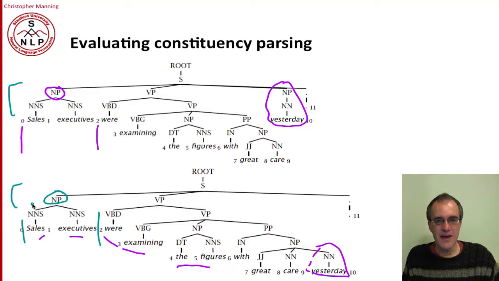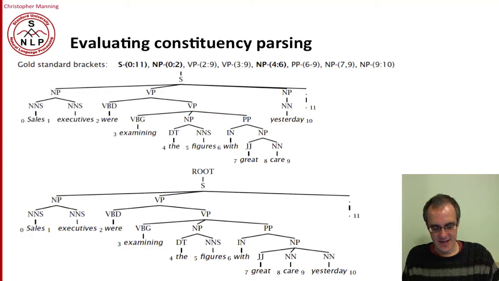And so the way we do that for all the cases is we convert the gold tree into a set of constituency claims, where we leave out the root node, so I've written claims across the root node. So these are our constituency claims. So we have a sentence that's going from 0 to 11, and then the various other constituency claims.